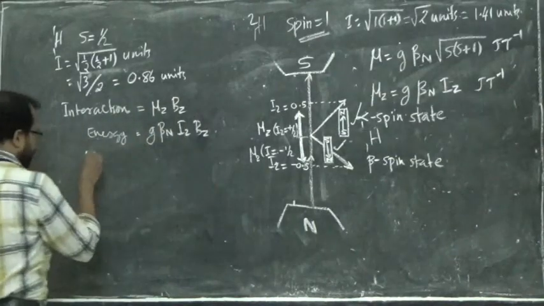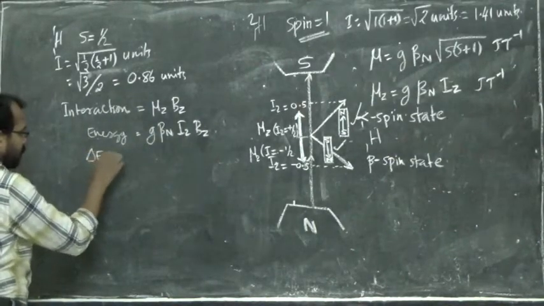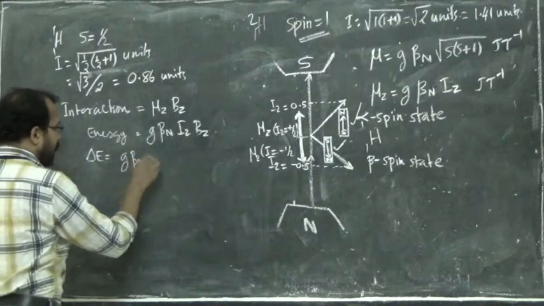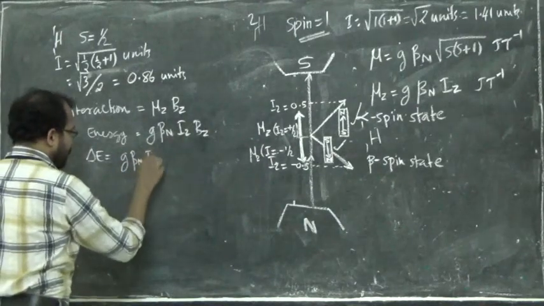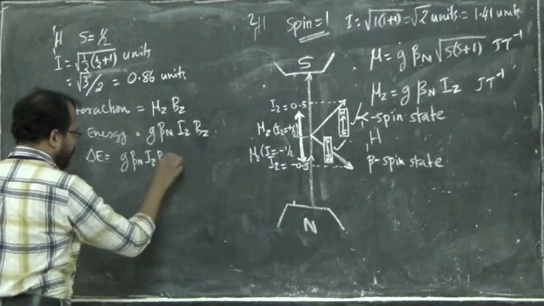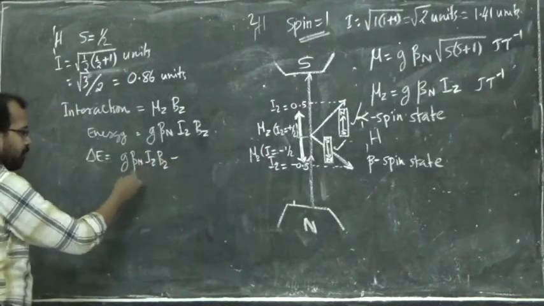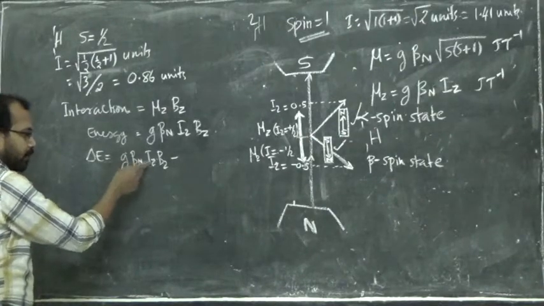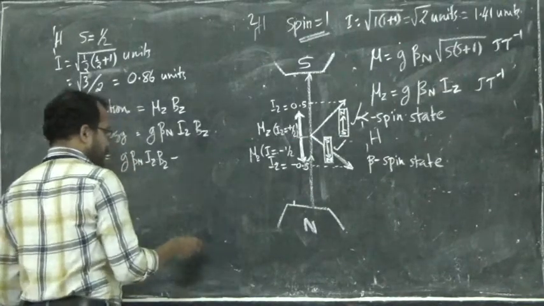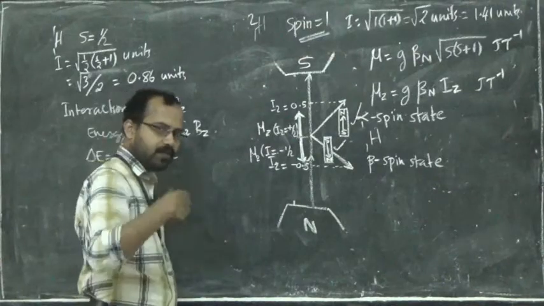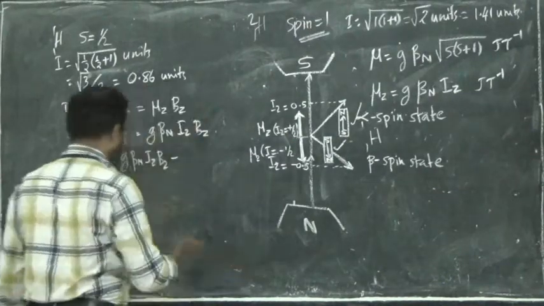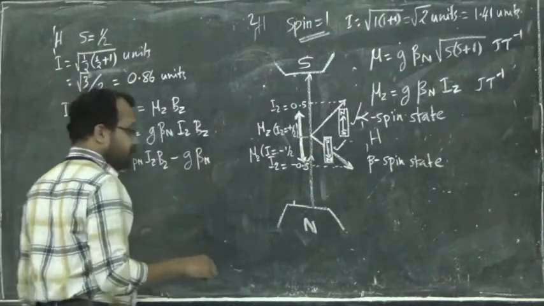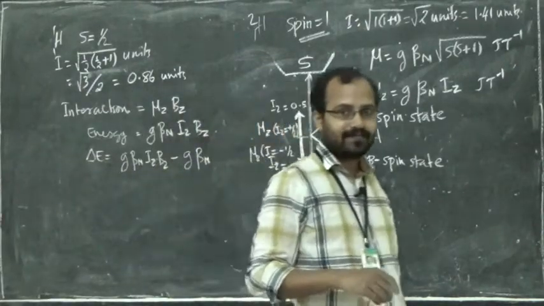That is, the energy difference delta E is equal to G beta n Iz into Bz, that is the energy of the state with the particular value of Iz, minus the energy of the next state with the next possible Iz value. What is the next possible Iz value?